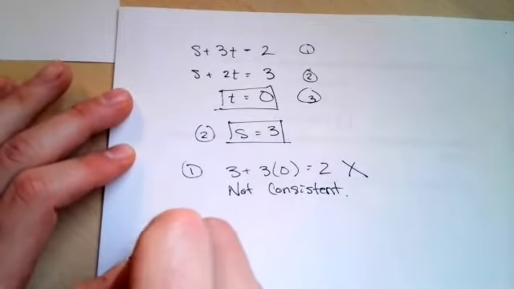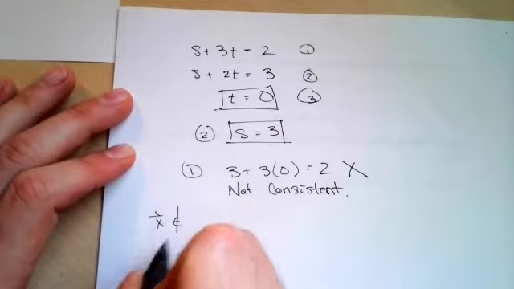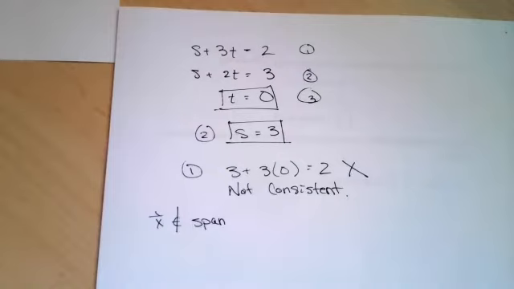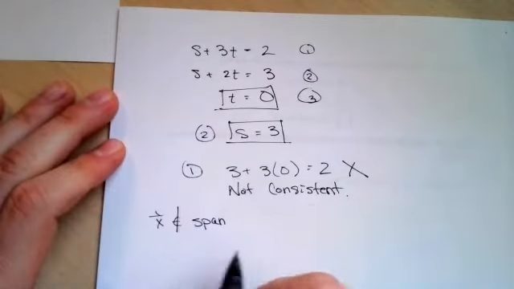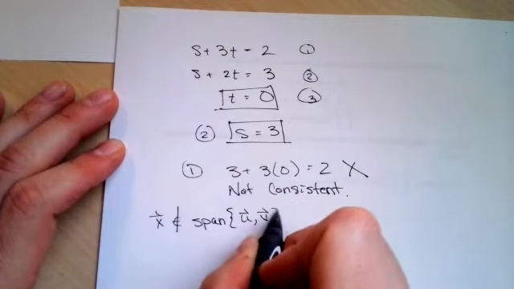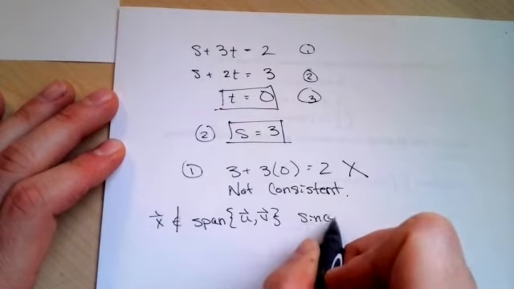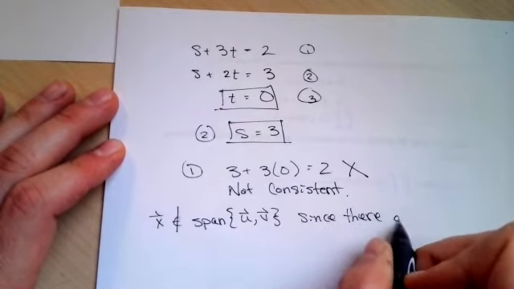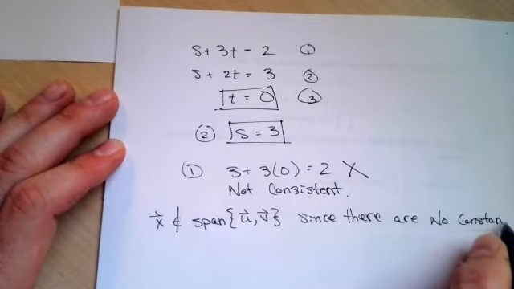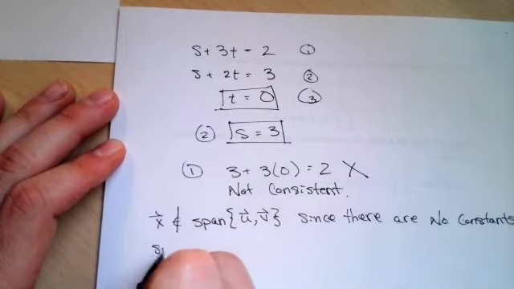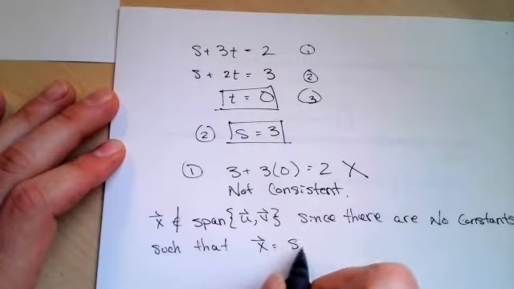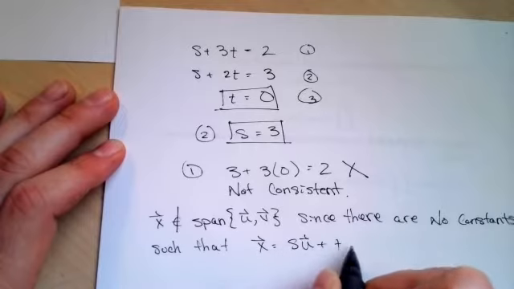So our conclusion here is that this X vector is not in the span. So we just take that element and then draw a line through it to say that it is not in the span of U and V, since there are no constants such that X is a linear combination of U and V.